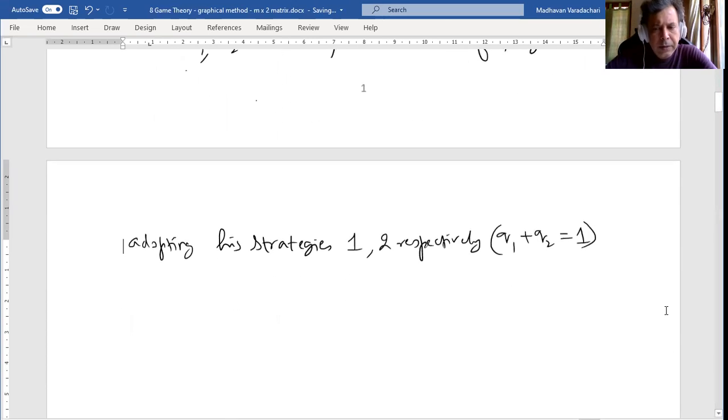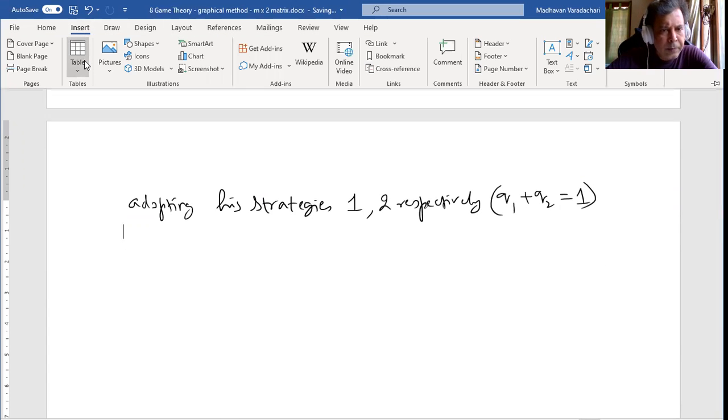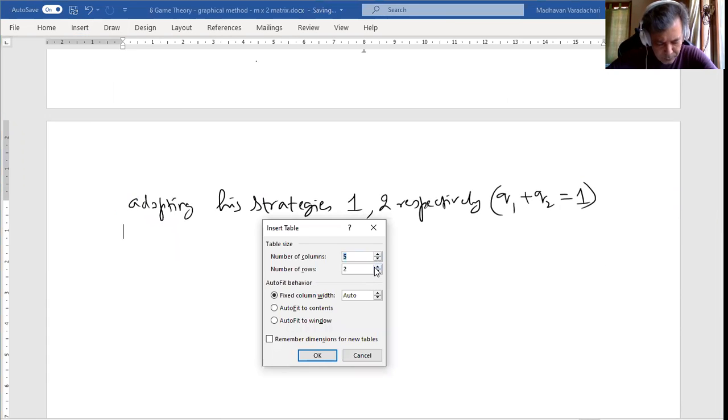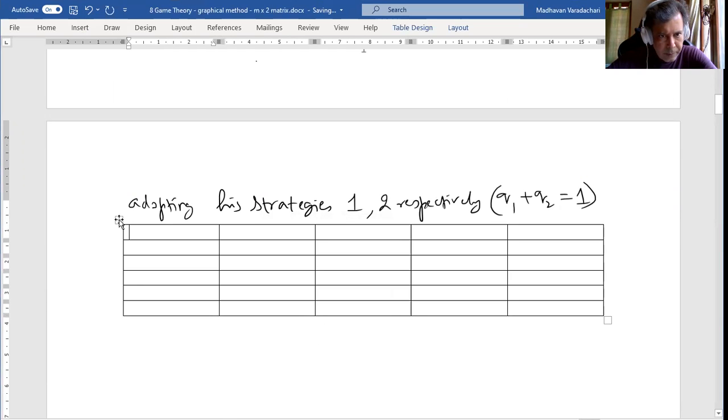Right. Now let us create a table for the payoff function and payoff values. We'll have, let's say, 5 columns, and then we'll have 6 rows like this.